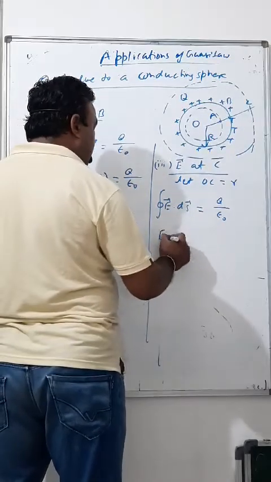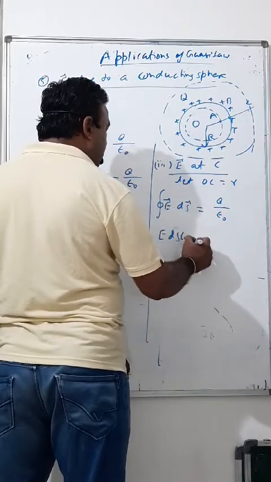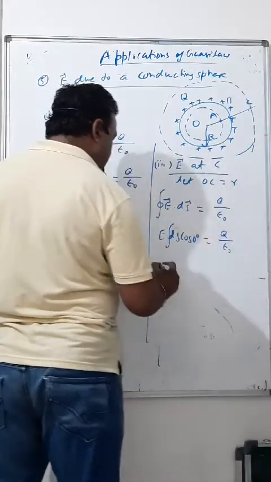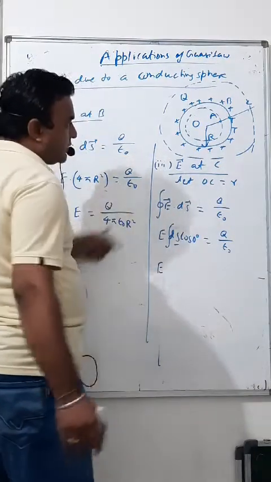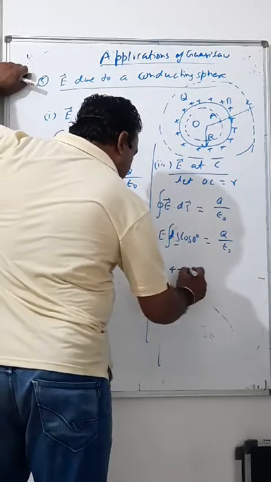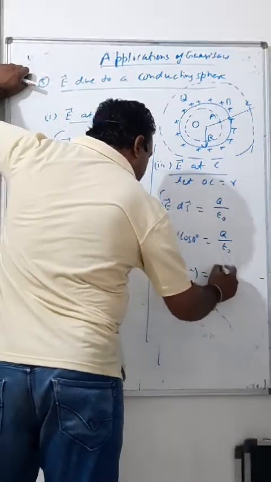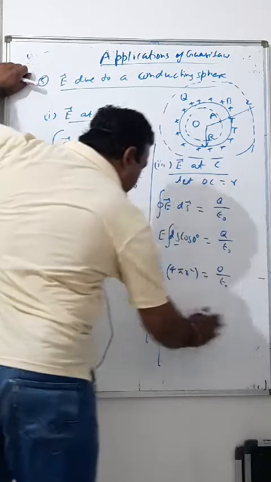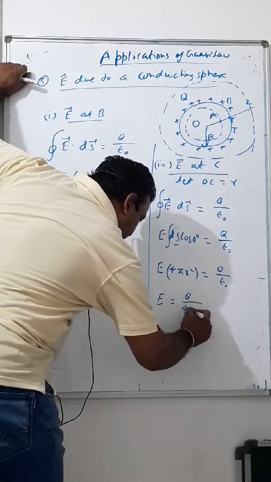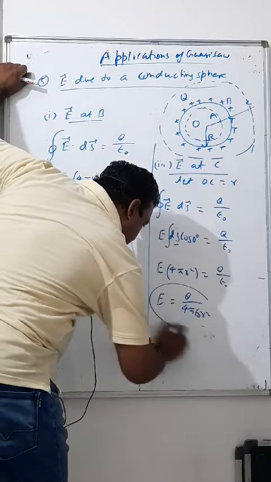E dot ds is E ds cos 0 everywhere, equals Q by epsilon naught. The surface area is 4 pi small r square. Finally I have E is equal to Q by 4 pi epsilon naught r square.